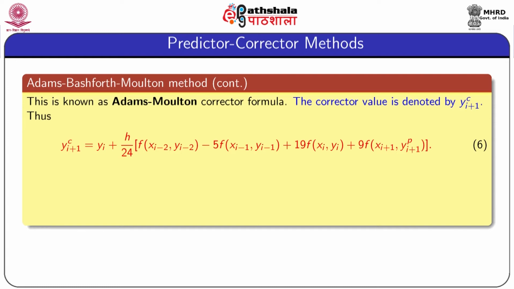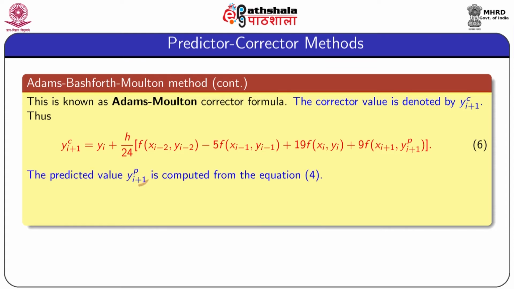Since y_{i+1} is present in the right hand side of equation 6, to calculate the value of y_{i+1}, for this reason this formula is called an implicit formula. Note that the predictor formula, that means the formula for y_{i+1}^p, is an explicit formula, but the corrector formula, that means formula 6, is an implicit formula.